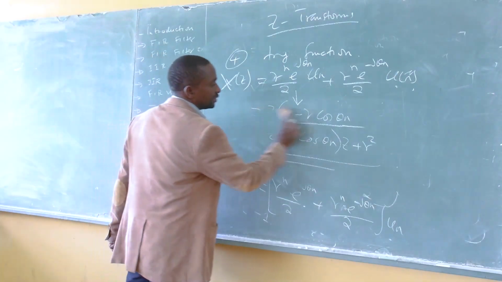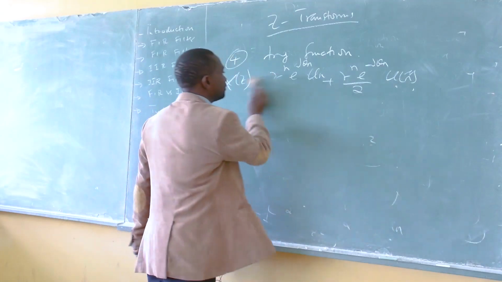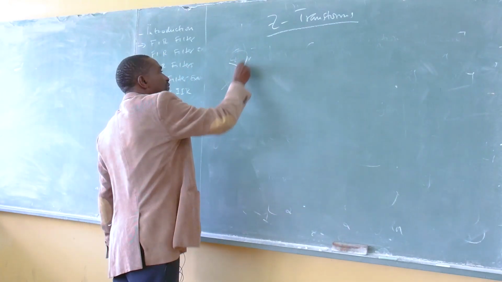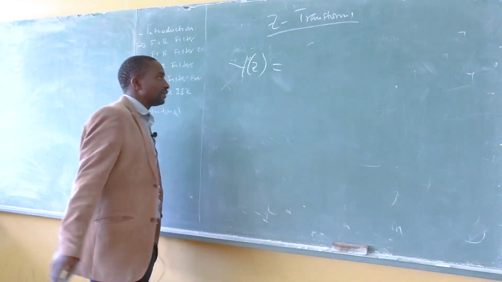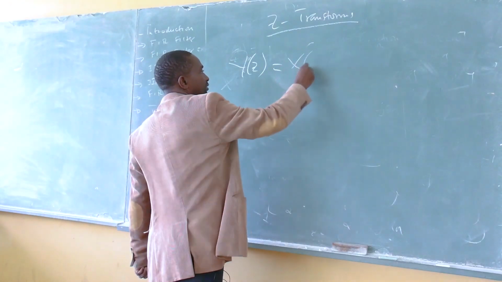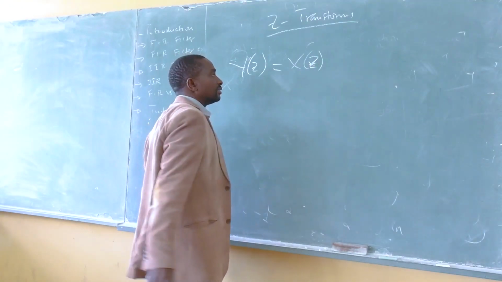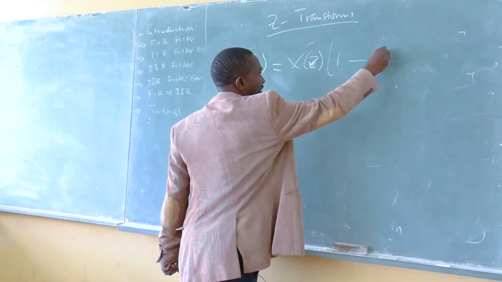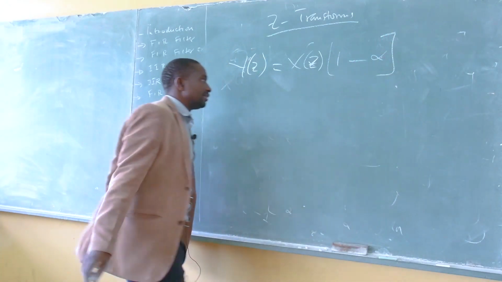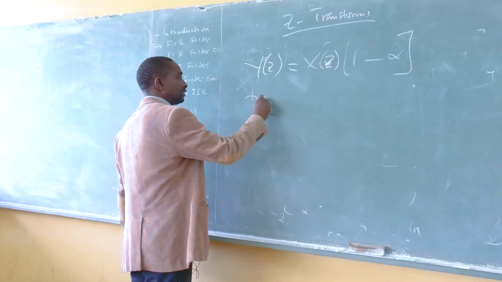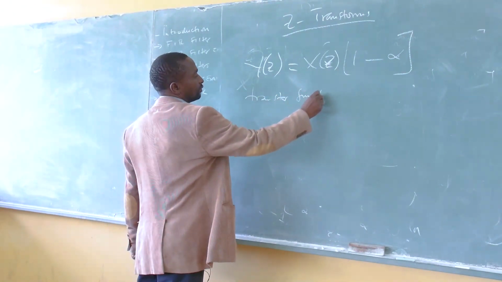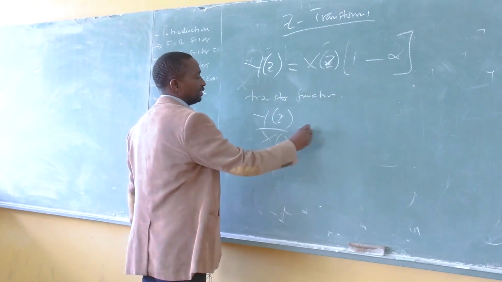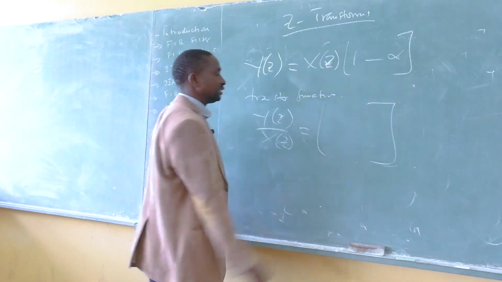So having analyzed this, we can simplify any z transform in terms of poles and zeros, and then determine system stability. If Y of z is a z transform of a function that has an input X of z, say 1 plus whatever function you have here, then the transfer function will be nothing but Y of z divided by X of z, equal to whatever function you are given there.